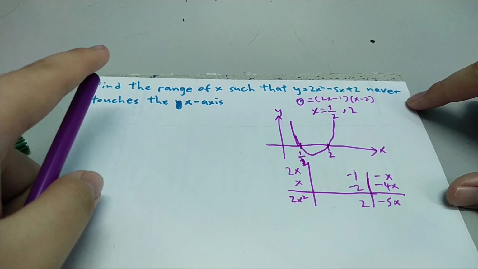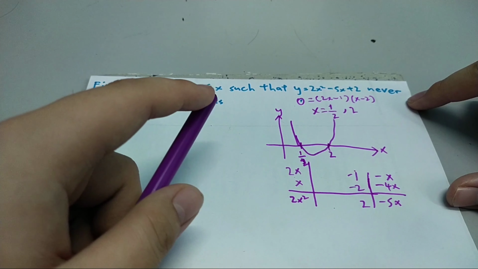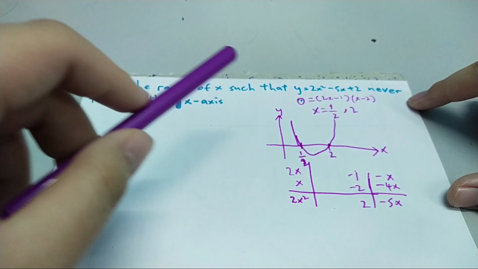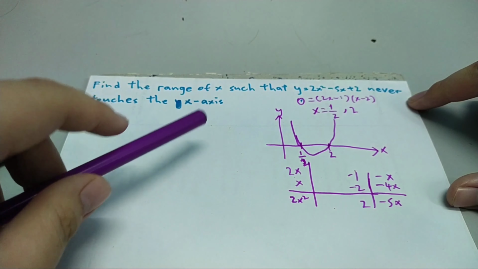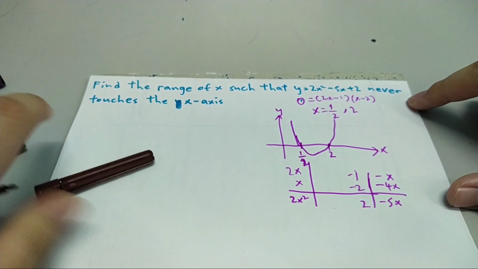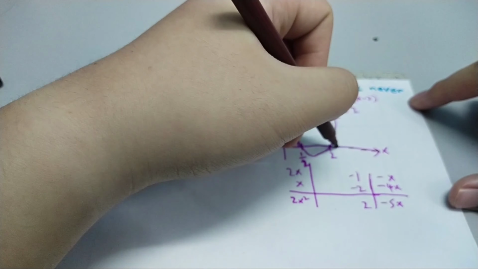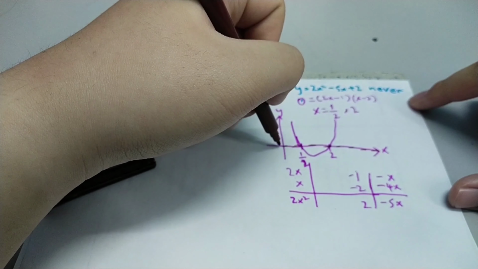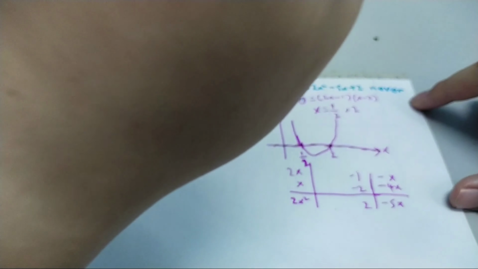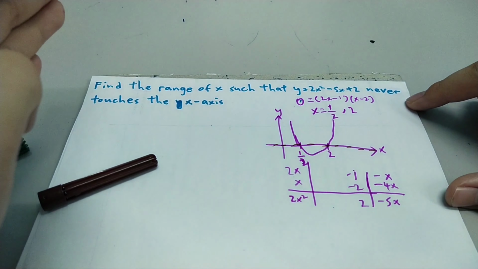Now here's the thing. Find the range of x such that the quadratic function will never touch the x-axis, which means that any point that touches the x-axis will not be included in the range of x.